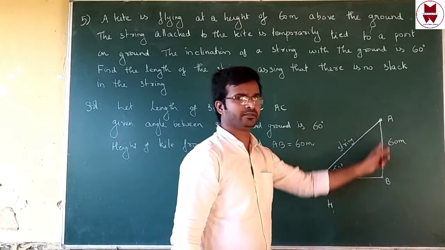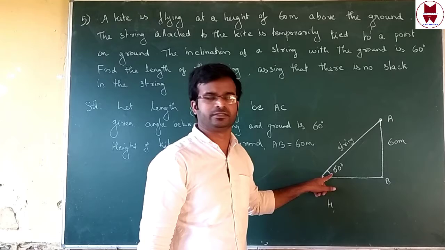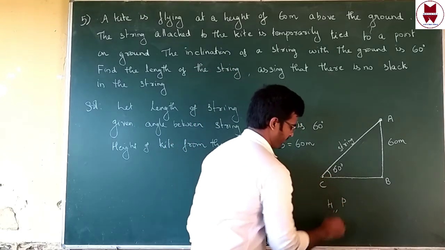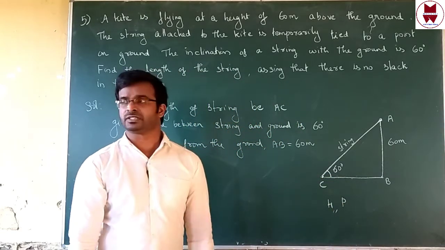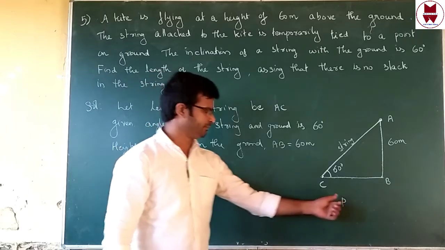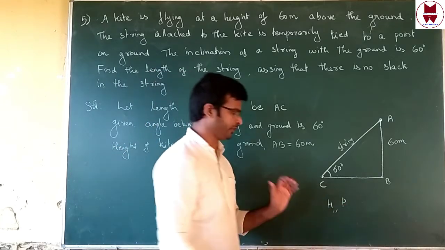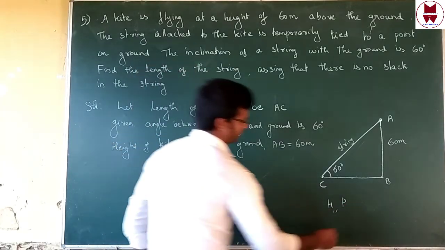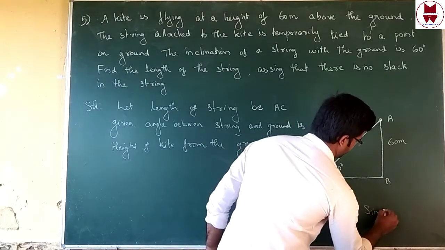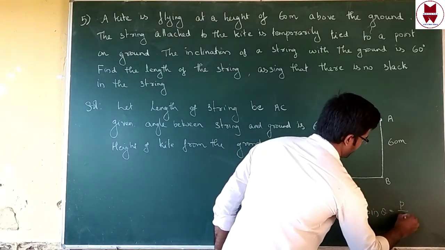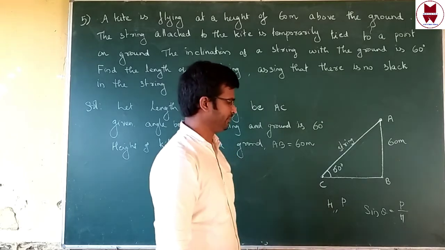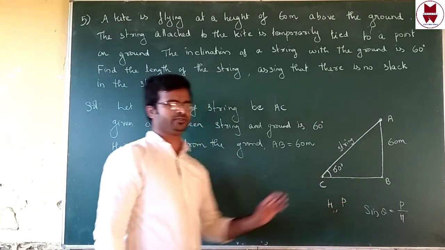Then already given, perpendicular according to this angle. Perpendicular and hypotenuse. Which trigonometric ratio will we use? Already you know sine theta means perpendicular by hypotenuse, isn't it? That means in this question we will use sine.